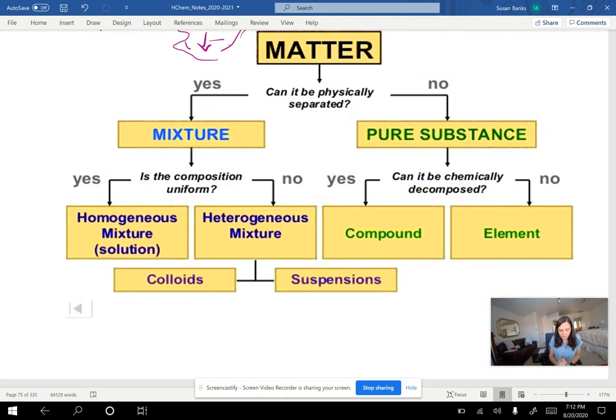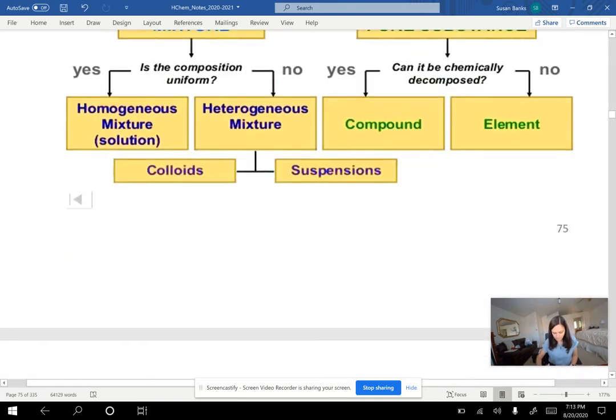So if they have small particles that do not settle out, they are colloids, like mayonnaise, lotion, those kind of things. But if they have large particles that do settle out when it's not mixed or shaken or stirred, we have suspensions.